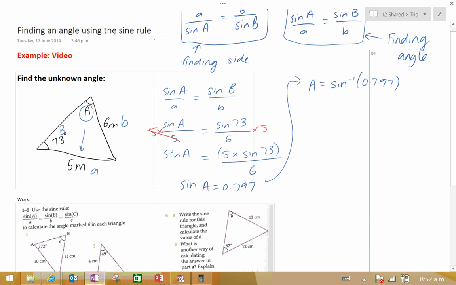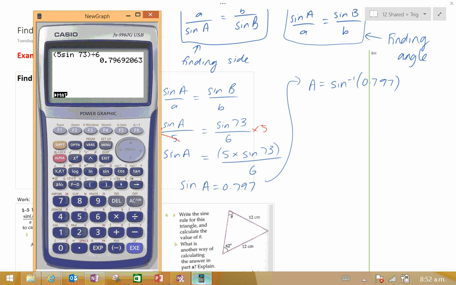0.797. Now when I come to put that in my calculator, I click Shift sine to get that sine inverse, which is sine with that little negative 1. And then instead of putting in the decimal 0.797, what will I put in?